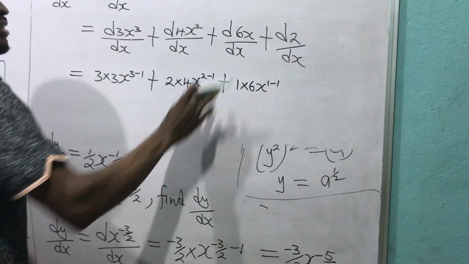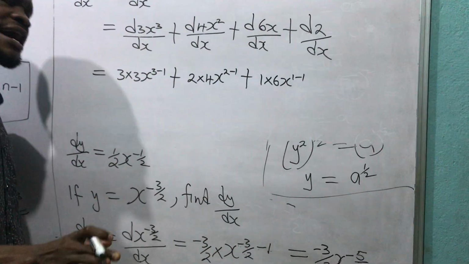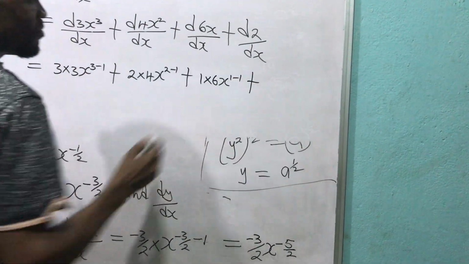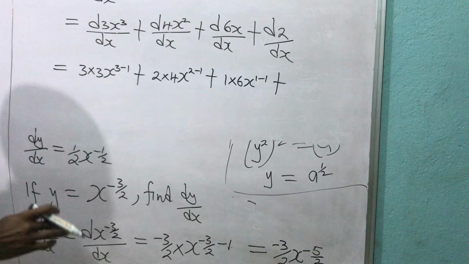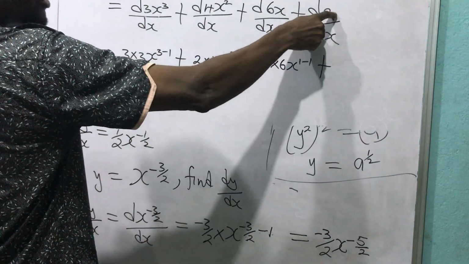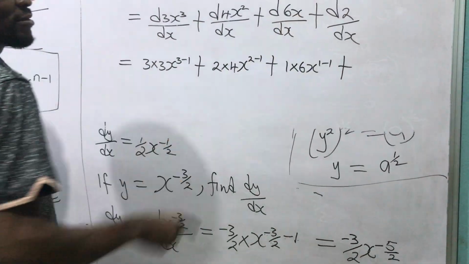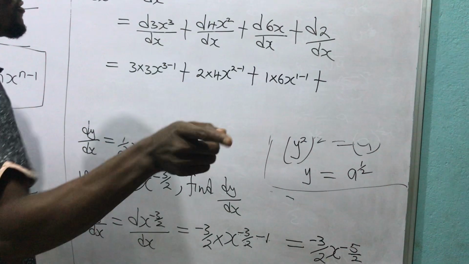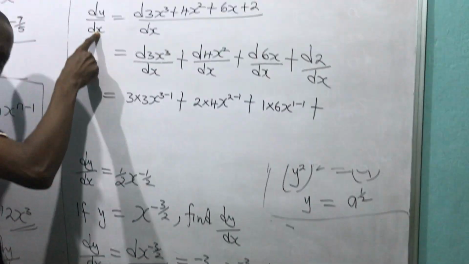You remember that x, any time you write it, is raised to the power 1. Then coming to over here, this term is a constant. Why did I call it constant? Because it has no x attached to it, and we are differentiating y with respect to x.